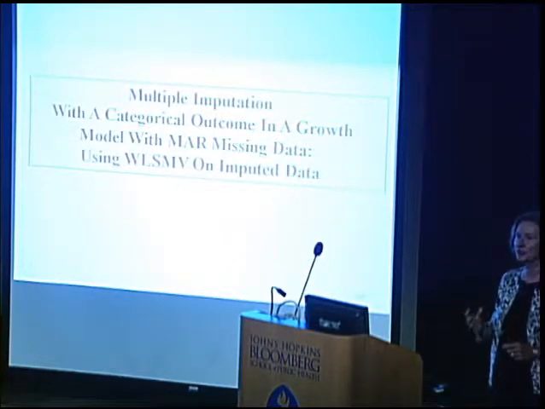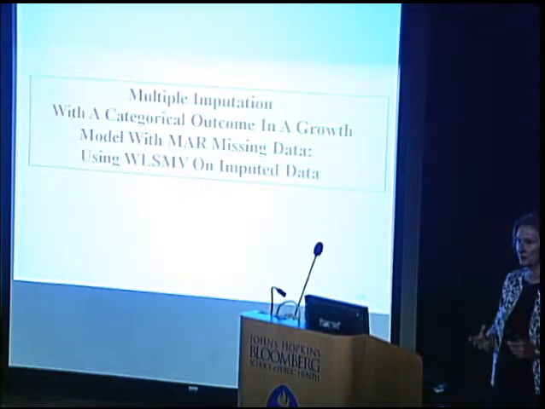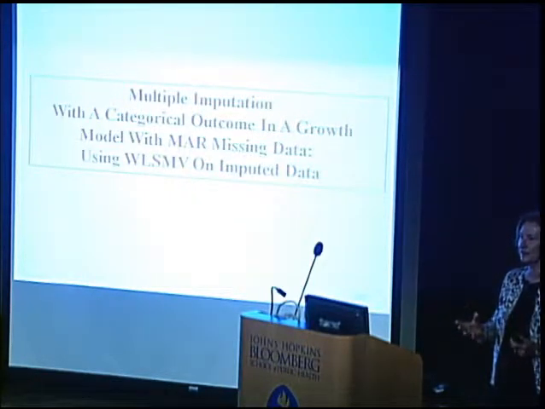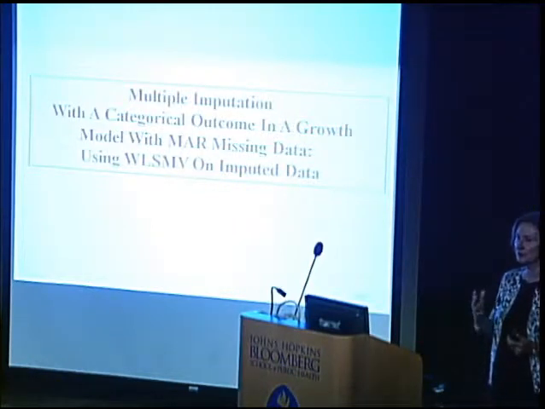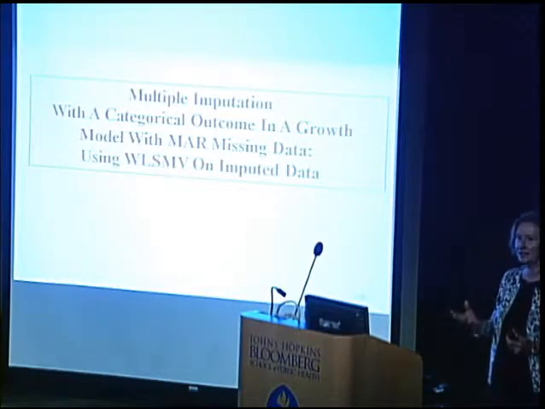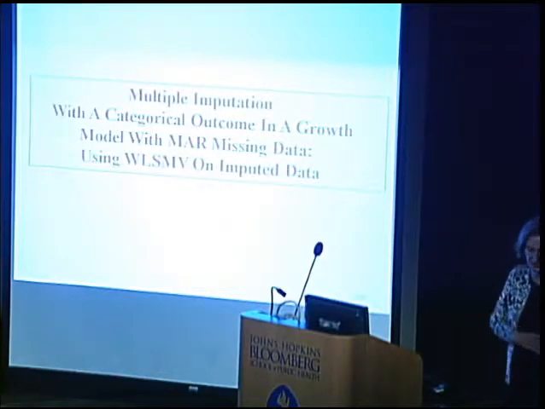However, you can generate data using type equals imputation, or data imputation. So you can generate imputed data, and then you can, in a second step, use WLSMV as the estimator. And that gets around the problems with missing data handling for weighted least squares estimation and allows you to use WLSMV or another weighted least squares estimator.